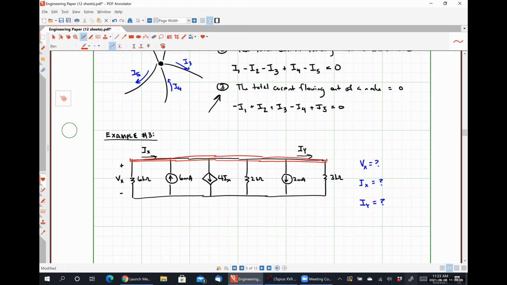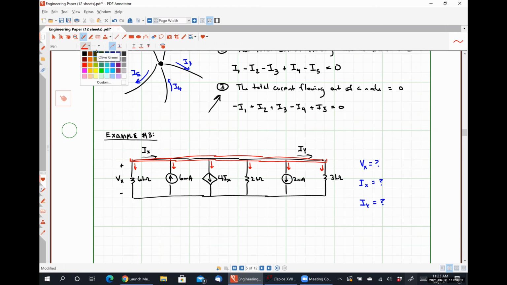And I am going to assume a convention, and I'll explain this momentarily, that currents leaving the top node will be considered positive. So really that is me applying method number 3, or definition number 3, of Kirchhoff's current law.